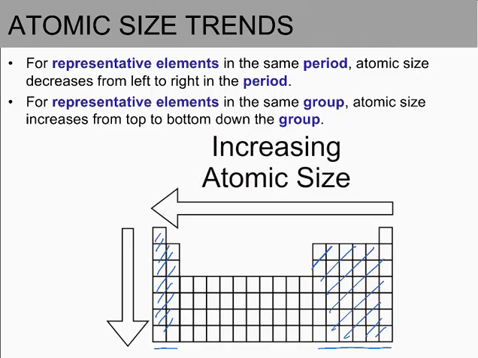Atomic size is going to decrease from left to right. Or another way of saying that is atomic size increases towards the left of the periodic table. And we'll talk about why that is in a second. Now, for representative elements that are in the same group, atomic size increases from top to bottom. So as we go down a group, atomic size increases. And again, we'll talk about why that is.